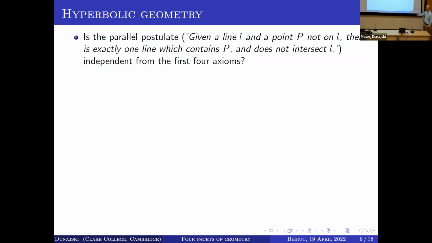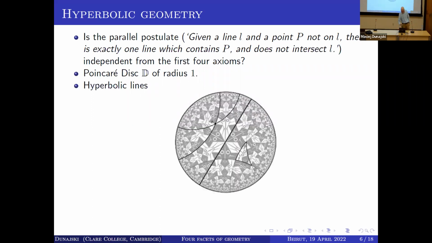I'm going to explain this example to you, but once this is done, we will need to accept that the fifth axiom has to be added to the set of axioms, because if it wasn't, then we would have this example satisfying the four axioms, but not being the same as Euclidean geometry. The example I'll give you goes under the name Poincaré disk, although if you look at 19th century papers, it's quite clear that this model was discovered by Beltrami, an Italian mathematician, not by Poincaré.